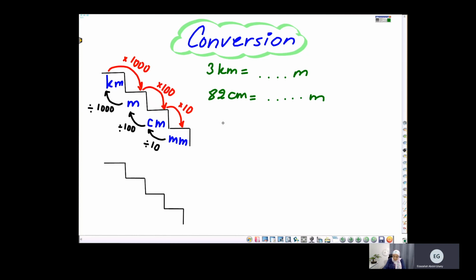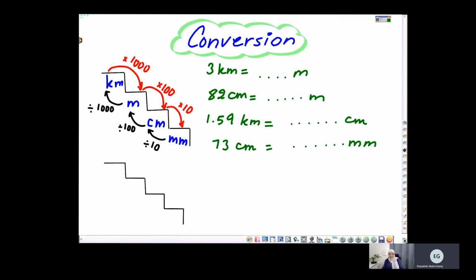And then we convert 1.59 kilometers into centimeters, and 73 centimeters into millimeters.